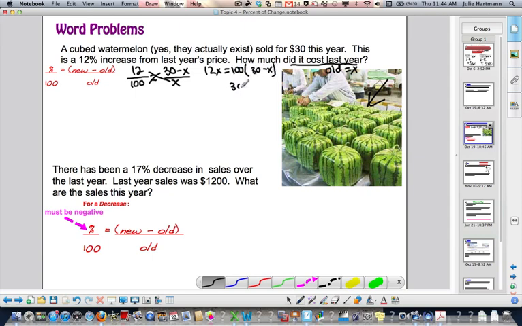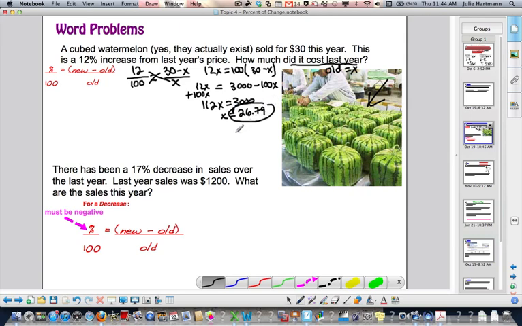You just have to distribute. That's 3,000 minus 100x equals 12x. Add the 100x over, so that's 112x equals 3,000. Divide, you end up with $26.79. Perfectly fine to do it that way.